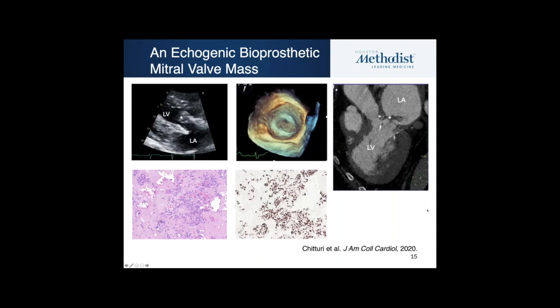And you see the myxoid stroma here. So this is an interesting case that we encountered here at Methodist Hospital. So this is a woman who presented to our institution with a cardio-embolic stroke and an incidental finding of an echogenic mass, which you can see here.